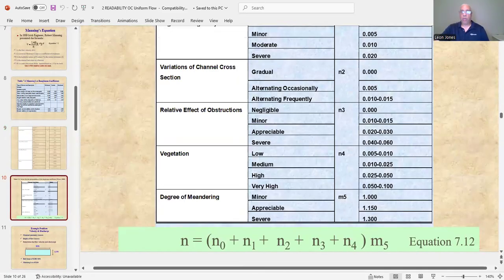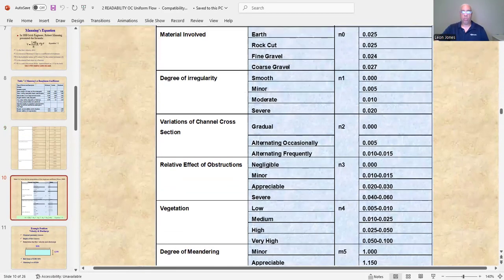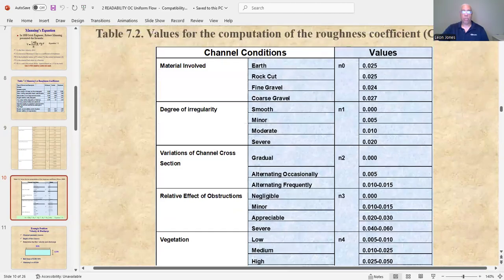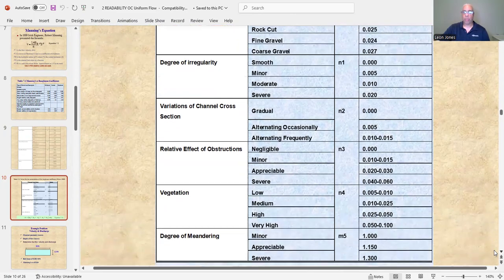And then we see it right up here. It's a little bit better right here. What you have here are your values for the computation of the roughness coefficient. That's what you saw on the previous page. This one's in much better legibility here. That's what it is.